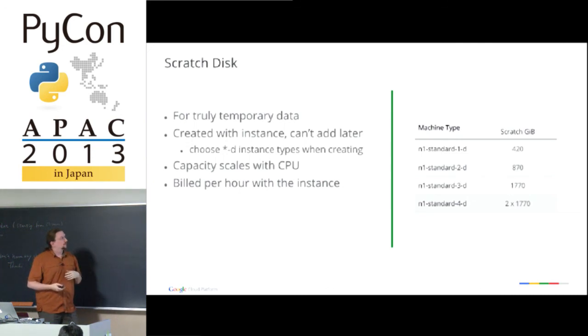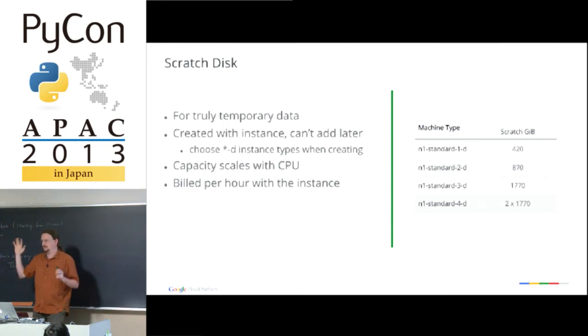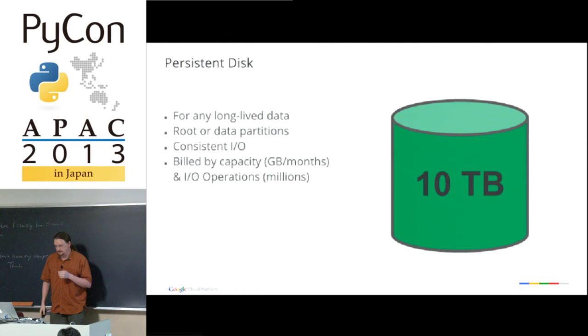This is for truly temporary data only. You do not want to use this for anything you care about long term. It's for, say, transcoding partial files, or for storing log files right before you get them off the disk, things like that. And the higher CPU instances have more space. The billing is part of the instance. It's all together in this case.